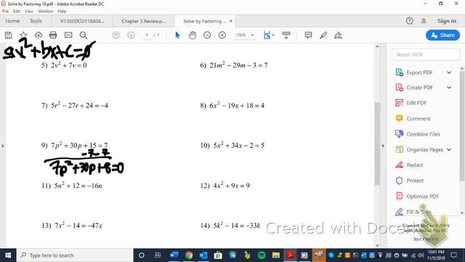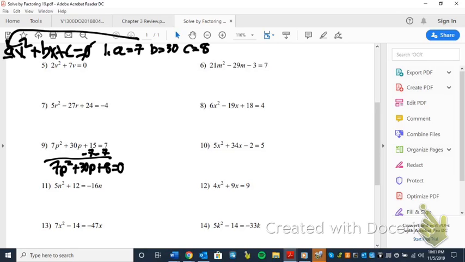When in fact, a equals 7. Because notice we put the 7 where the a was. We don't replace the x squared or the p squared or the n squared or whatever the squared term is. So when we're talking about a, b, and c, it's just the coefficient. So a equals 7, b equals 30, c equals 8.